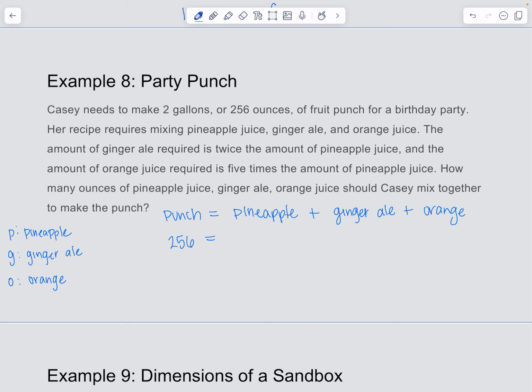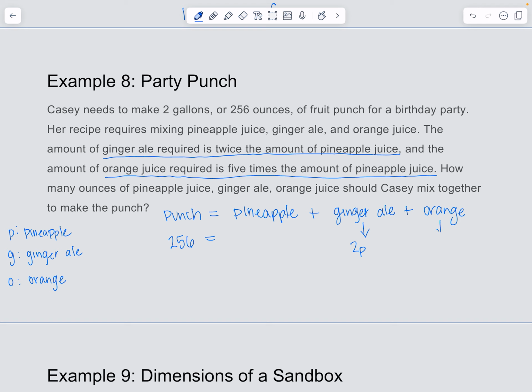So this tells us the ginger ale is twice the amount of pineapple juice. So for ginger ale, we'll put twice the amount of pineapple, 2 times P. Orange juice is 5 times the amount of pineapple juice.